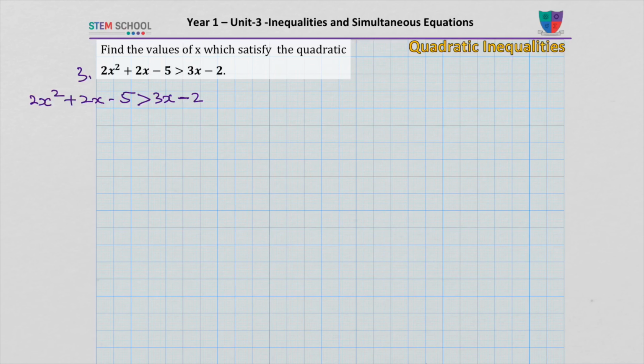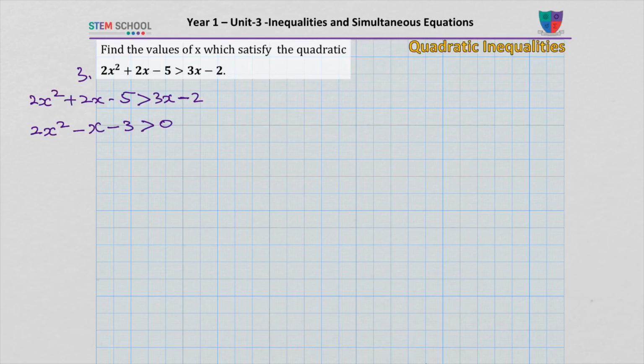So I'm going to get 2x squared minus x minus 3 greater than 0. So what I did was I added 2 to both sides and also took away 3x from both sides.